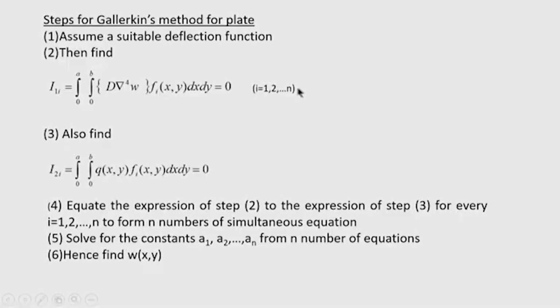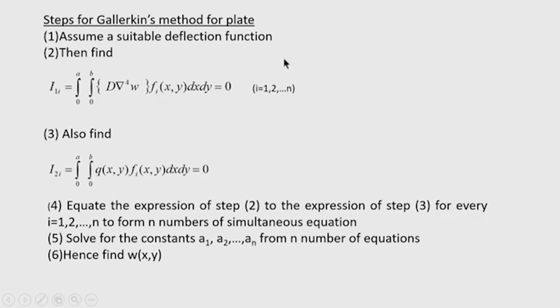The second term will be a 1 2 sin pi x by a into sin 2 pi y by b. Like that the terms can be composed. So, here you can see that when I use the Galerkin equation, f i x y, that function of x y, will use only the terms which do not contain a constant.